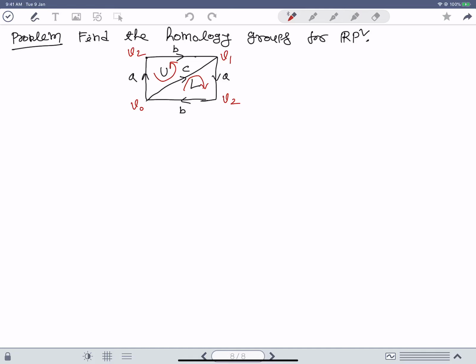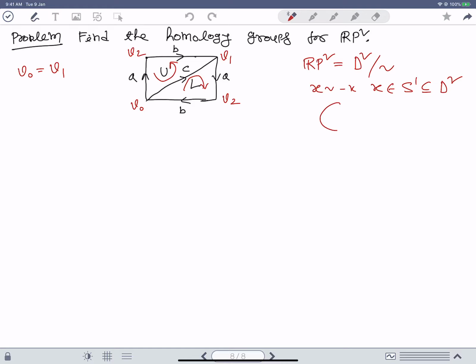Since we have to identify the antipodal points, V0 will be same as V1. Shall I need to recall what is RP2? Okay, I can recall that one. RP2 means it is D2, that is you have to take one disk with some identification where x is identified with minus x whenever x belongs to the boundary of the D2.